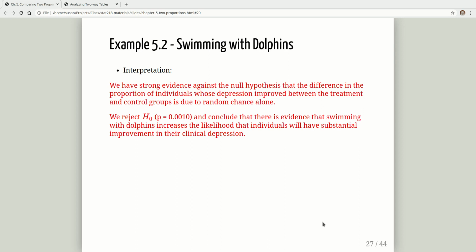Then we continue on and we say we reject the null hypothesis with p equals 0.0010 or something to that effect, and conclude that there is evidence that swimming with dolphins increases the likelihood that individuals will have an improvement in depression symptoms. Okay? So again, the interpretation mostly stays the same. We're just slightly tweaking the wording to account for the fact that we're dealing with a difference in proportions instead of just a proportion. Right?